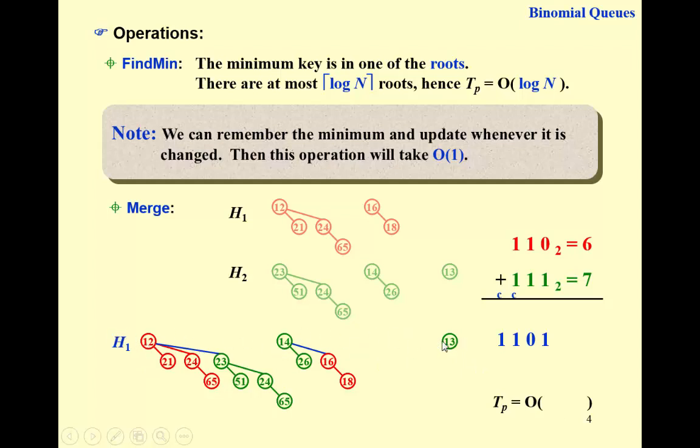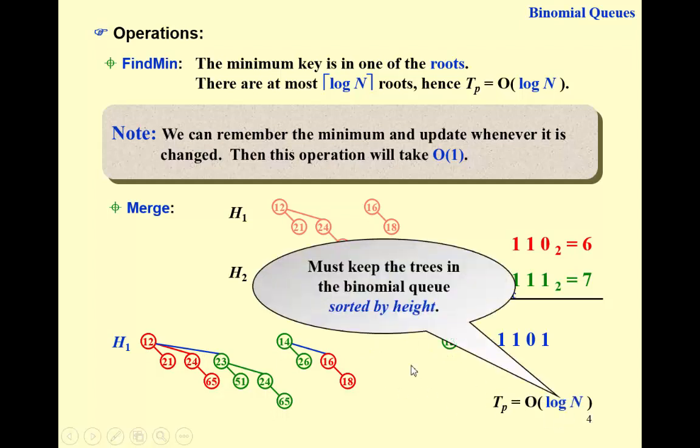So what is the maximum number of trees? Log n, right? But be careful here. In order to guarantee that we can have it done in log n time, we must make sure that this merging process goes from the lower bit to the higher bit in order, and therefore we must keep the trees in the binomial queue sorted by height, not by their keys.